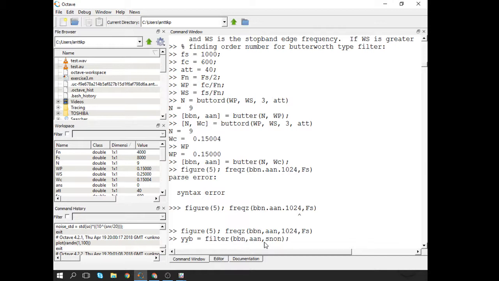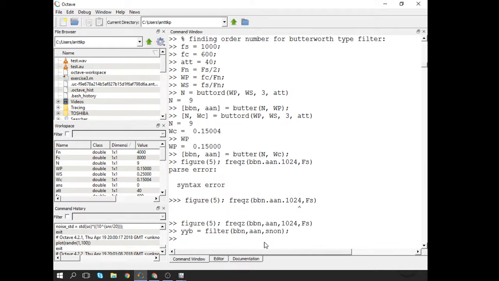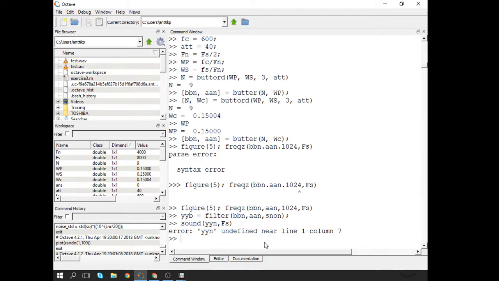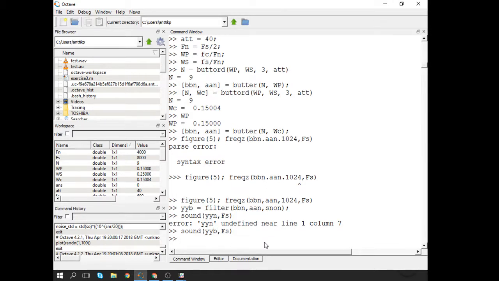So that's my sound with the harmonic 440 hertz and harmonic and noise, wideband noise. Sorry. Different. The original.